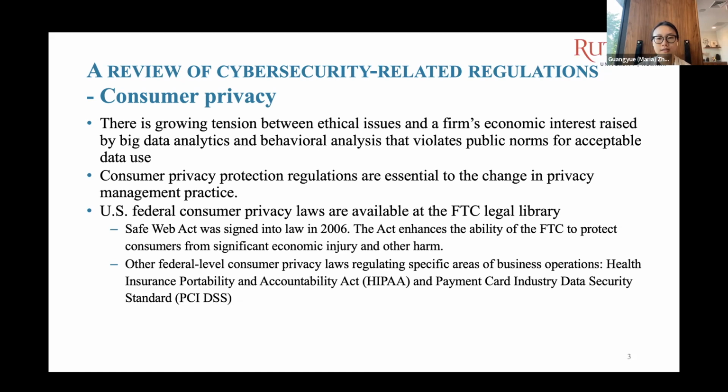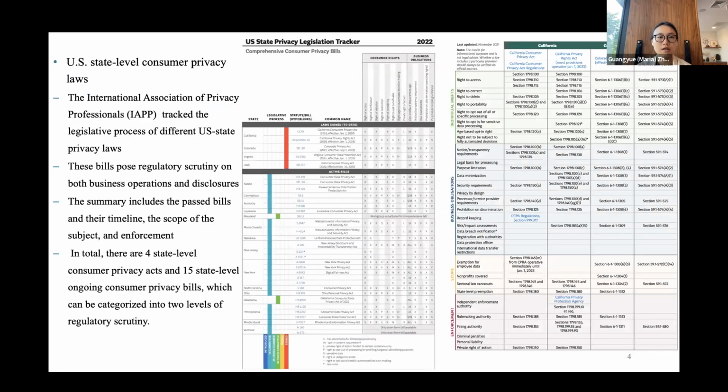It enhances the ability of the Federal Trade Commission to protect consumers from significant economic injury and other harms. Other federal level consumer privacy laws are more directed into specific areas of consumer privacy, including healthcare, payment, credit card, and insurance. And for the next part, we discuss the state level consumer privacy laws.